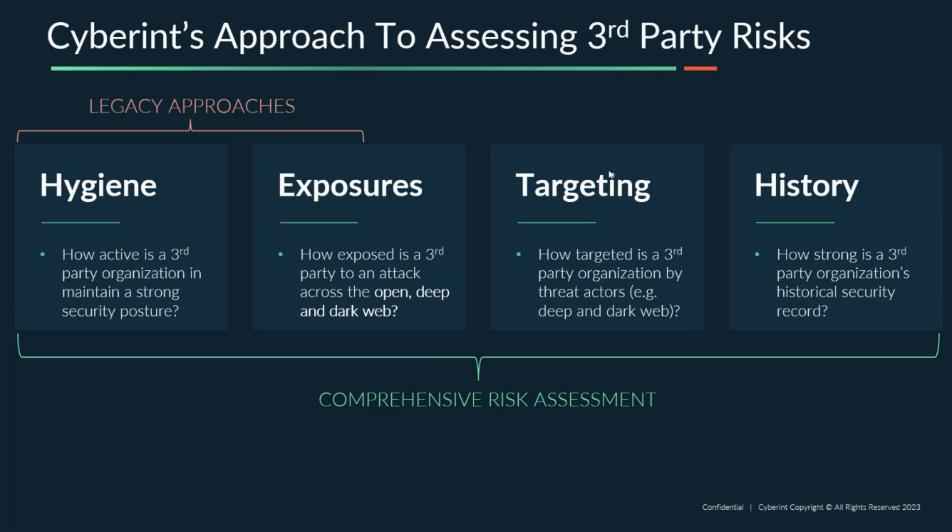If they haven't been breached in the past 3 years, I guess either they're good at what they do, or they're less targeted. It doesn't mean they're not going to get breached, but it's definitely lower probability than someone who continuously gets breached. So that's the history element. Now, this is all about assessing risk. It's all about telling you how likely is it that the vendor or the supplier is going to get breached.